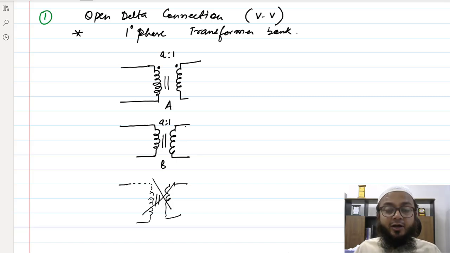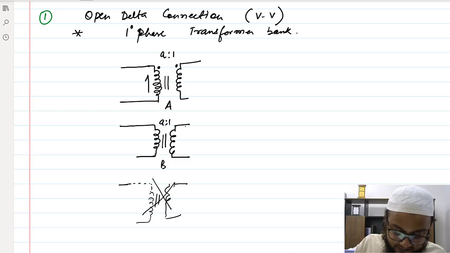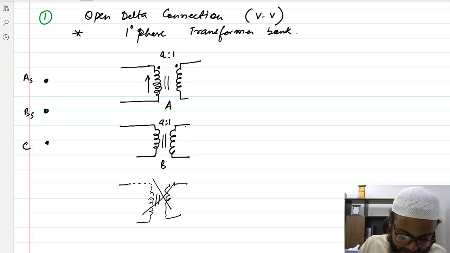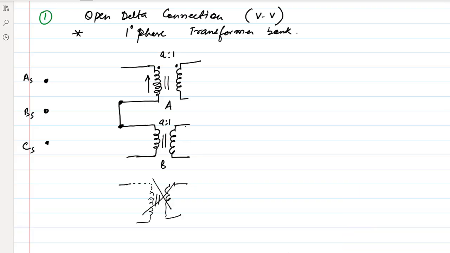This is only possible when your three-phase transformer has been formed using three units of single-phase transformers. So let's say this is phase A and you have three supplies here, AS, BS, CS. I have shorted this. This is my capital A2, A1, B1, B2, so the dots are here.